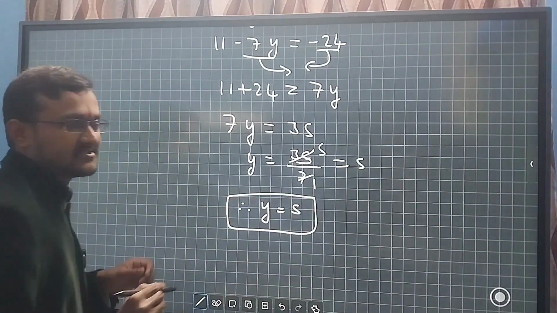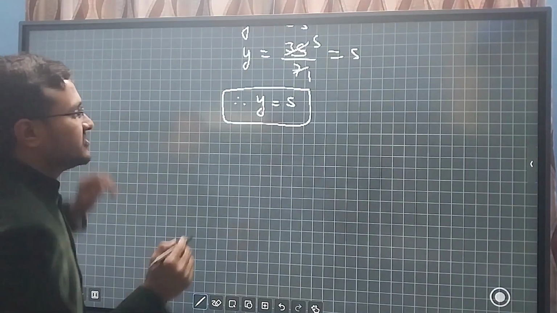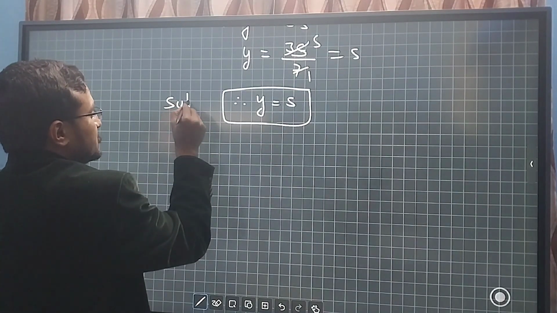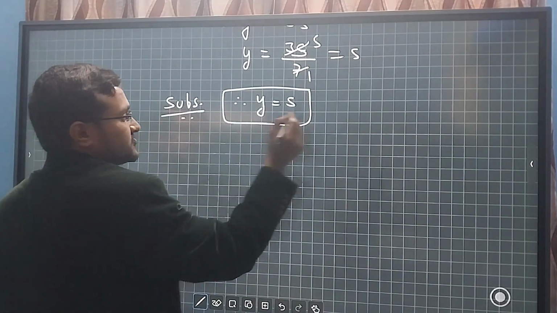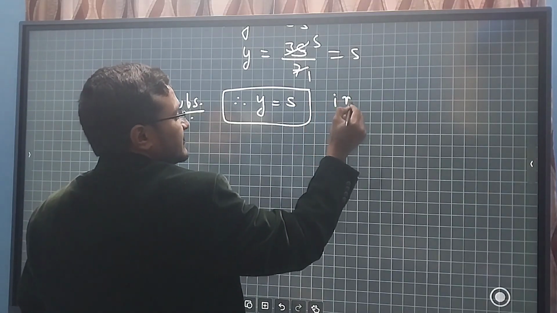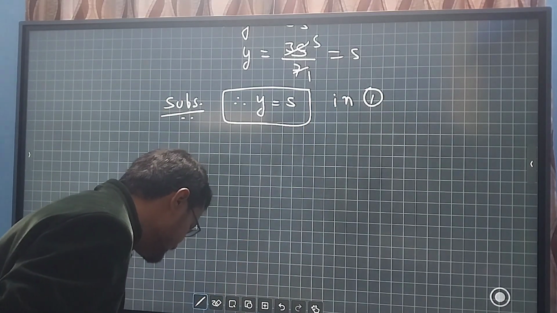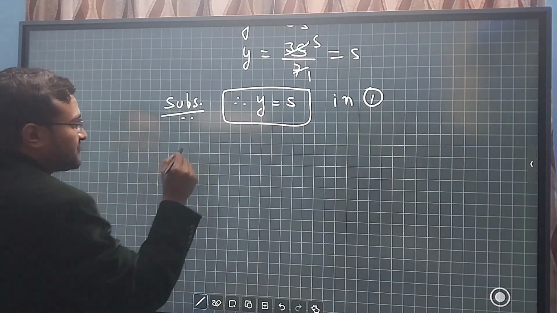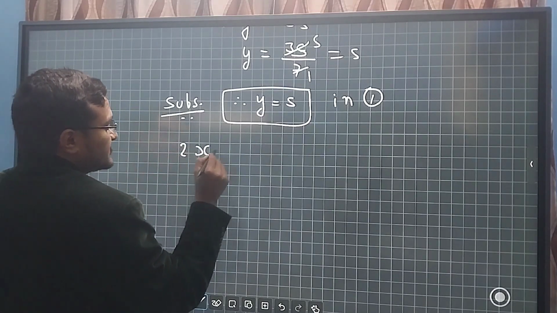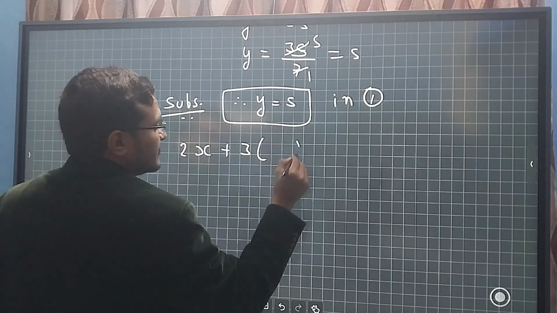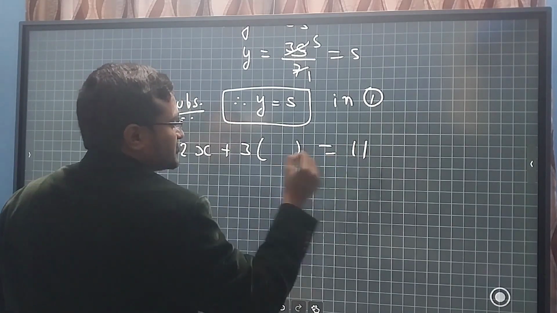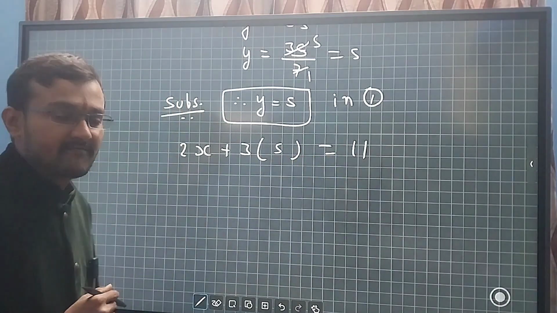So we got y as 5. Now we will try to find out x. Substitute y is equal to 5 in equation 1. What was equation 1? 2x plus 3y is equal to 11. In the place of y I am substituting 5.